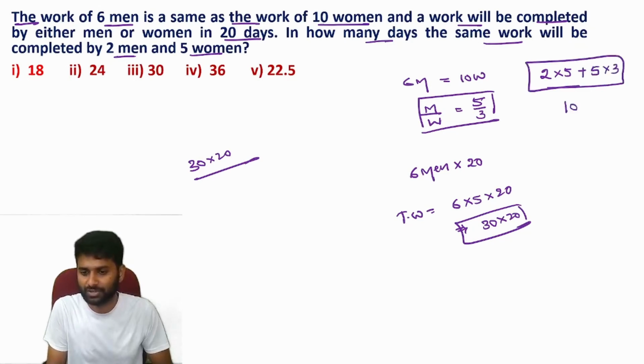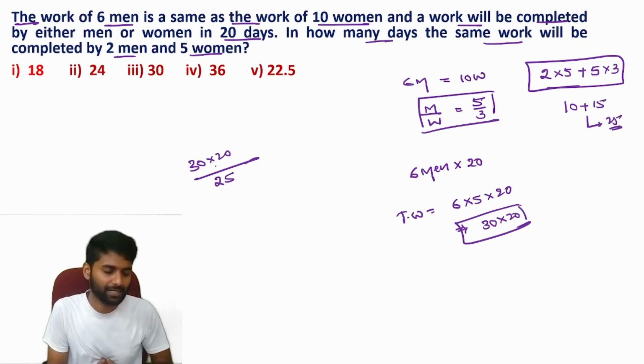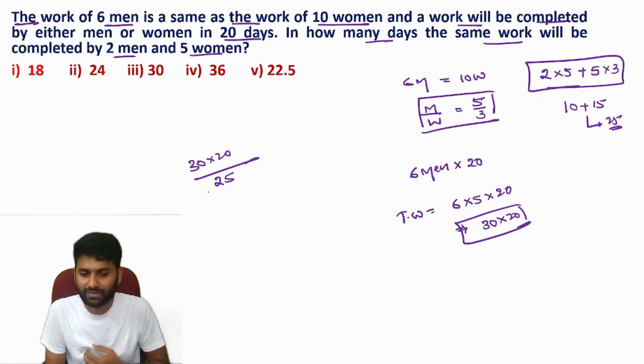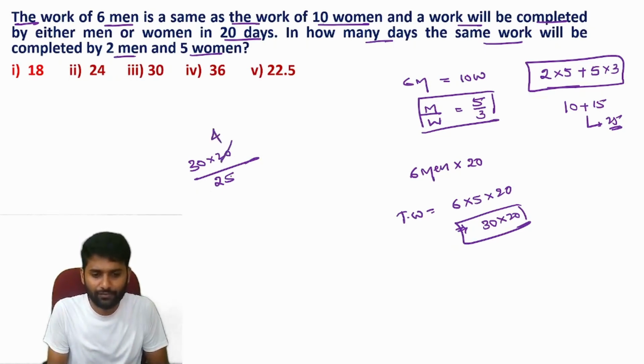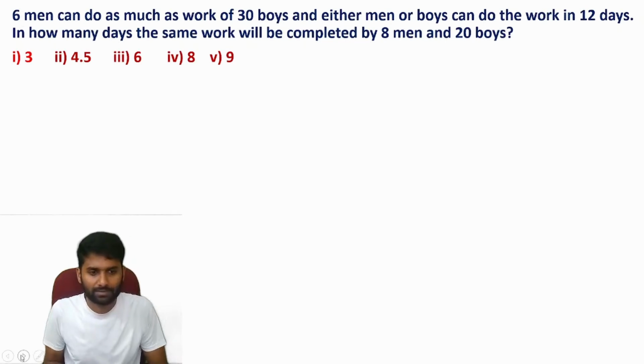Go through the calculation: 10 plus 15 is 25, that is their efficiency. Now the total work is 600 units. Together they will complete 25 units per day. How much time does it take? Again see, 5 four times, 5 five times. This is exactly 6 times, 6 into 4. Go through this question.